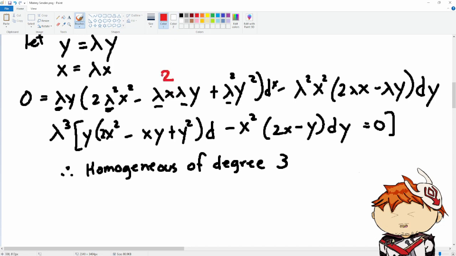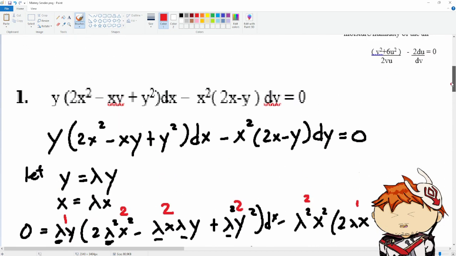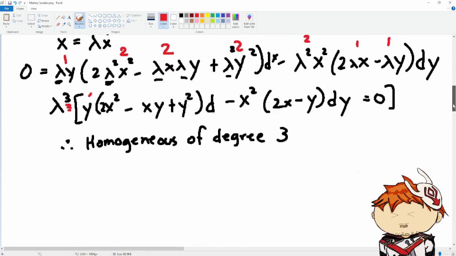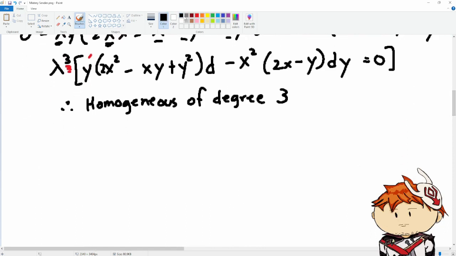This is lambda squared multiplied to lambda 1, that becomes lambda cube, right? This is lambda 1 multiplied to lambda squared, that will become lambda cube. Okay, so that's how you test for homogeneity. Just a reminder for homogeneous equations.